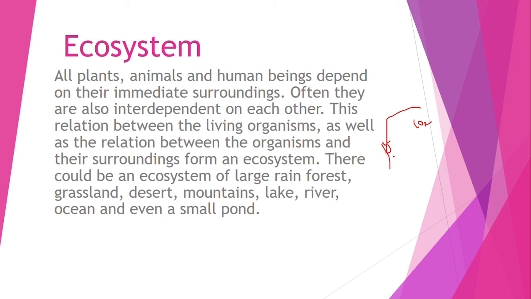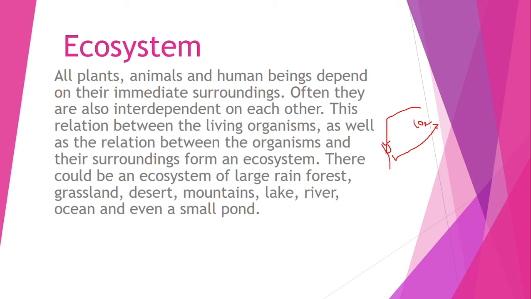And we also need the oxygen which is released in the process of photosynthesis, so we also depend upon plants. We depend upon each other. This is the ecosystem, the interdependence between one and another. Two or more organisms depending upon each other is known as an ecosystem.